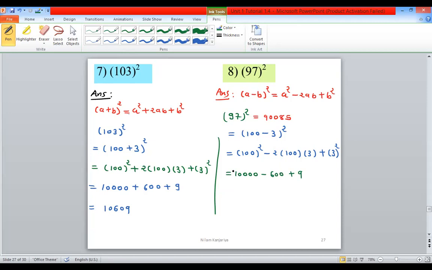If we take the addition and subtraction between these terms, moving the 600 and adding 9, we get 9409. So it is the square of 97.